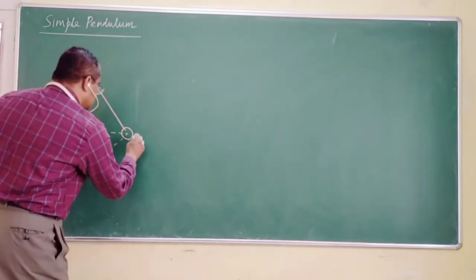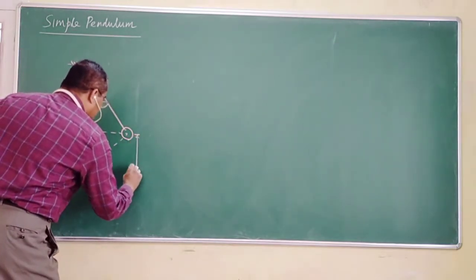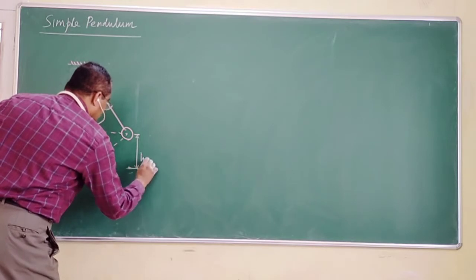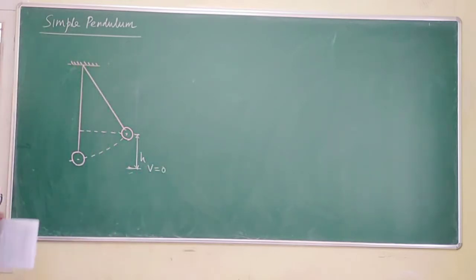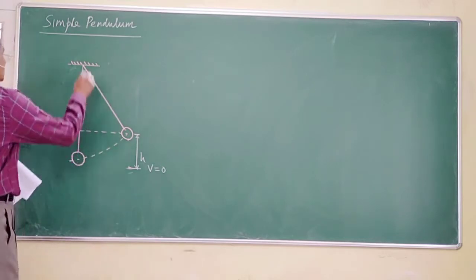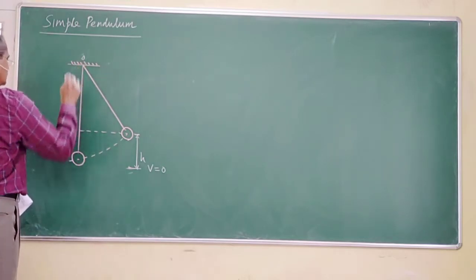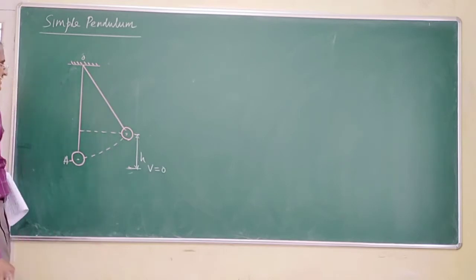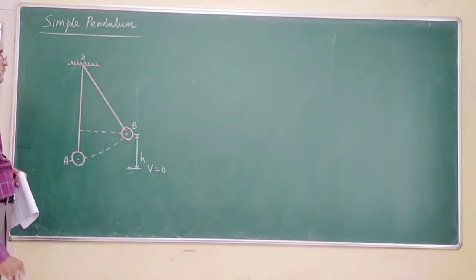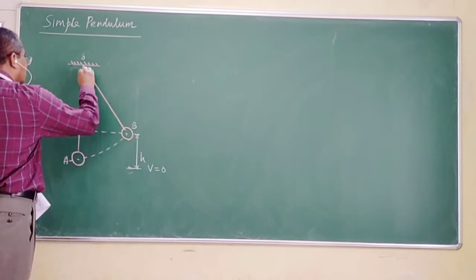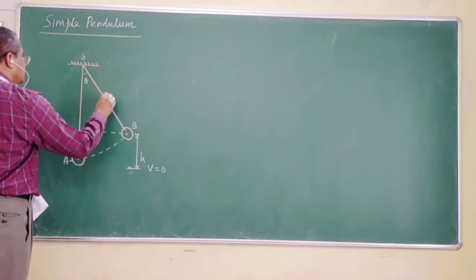I will call this H. And at this point, let us say potential energy is 0. This is O, this is the mean position A. At any instant, the bob is at B. The angle subtended is theta.